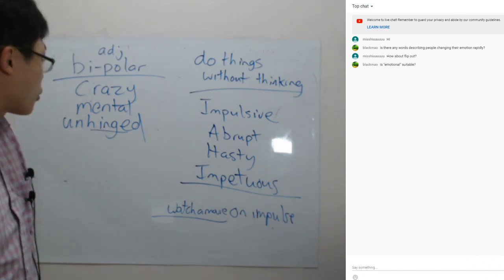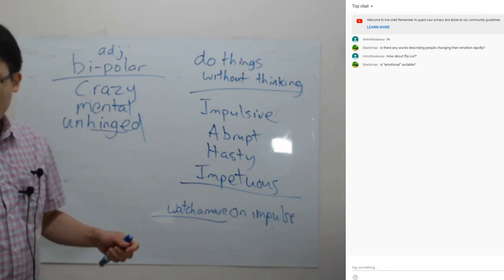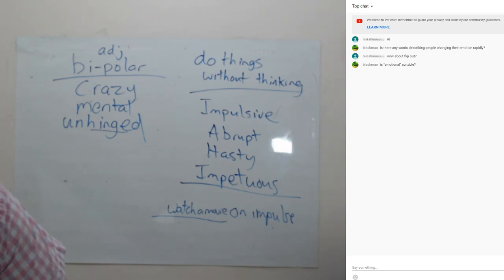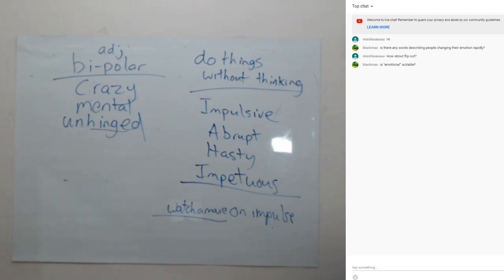I hope that answers your question, Blackmail. So there are a few other words that mean crazy. I'm just thinking what they could be. Give me a second here. Other words for crazy.